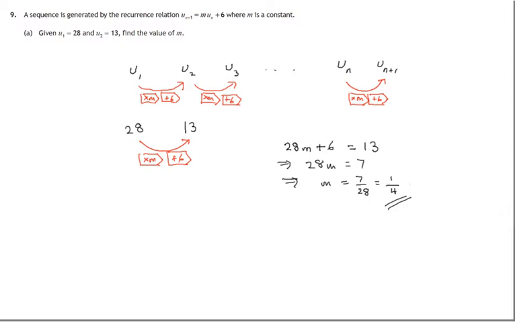So let's now have a look at part B. So what we found in part A was that m equals a quarter. So we now know that this recurrence relation, to get from one term to the next, we multiply the previous term by a quarter and add 6.